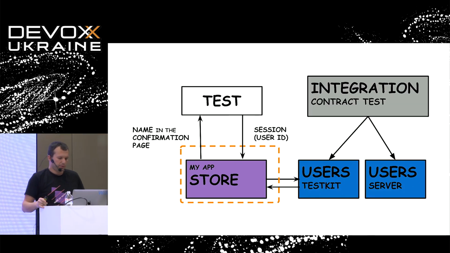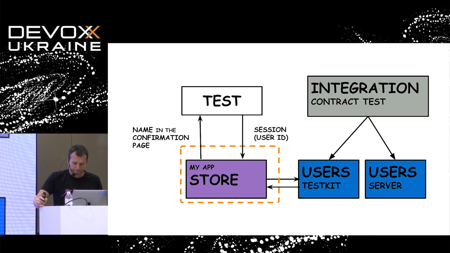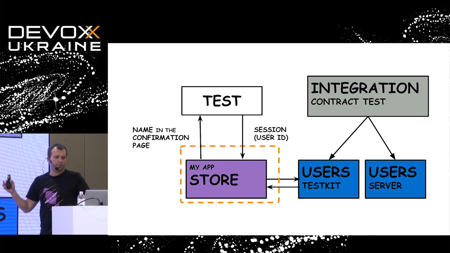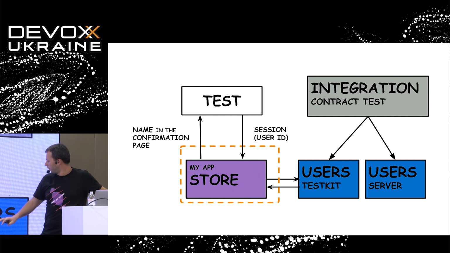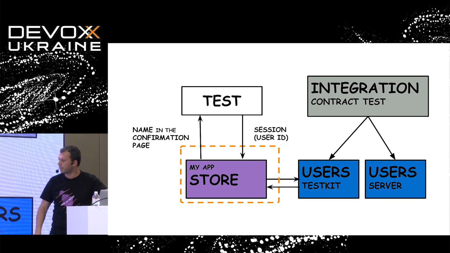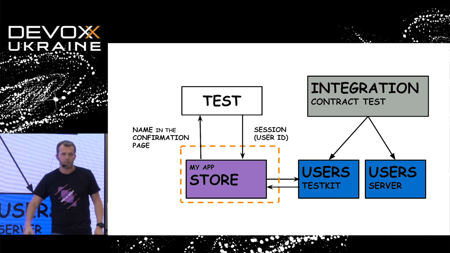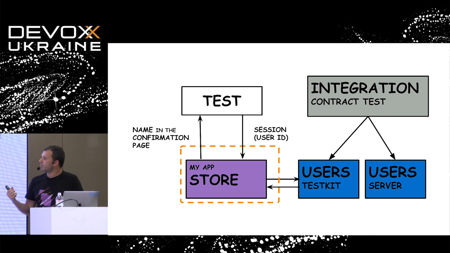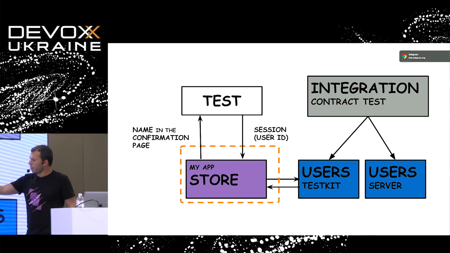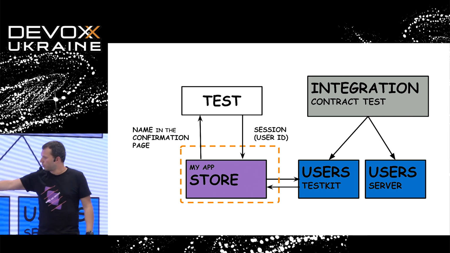Now, let's get back to the integration contract test. We are using the same technique here to verify that the user server behaves exactly like the user test kit. And why is that important? Because, okay, now let's think about the store application.